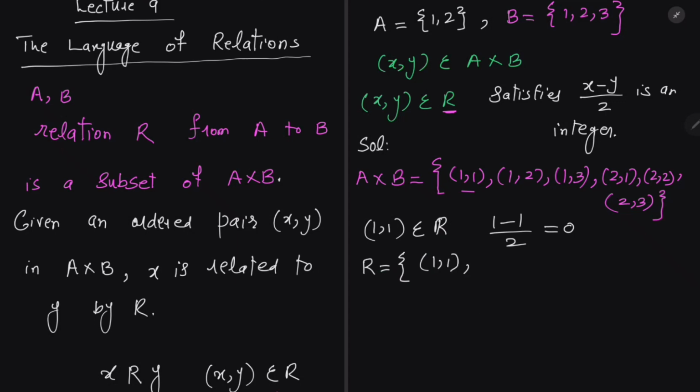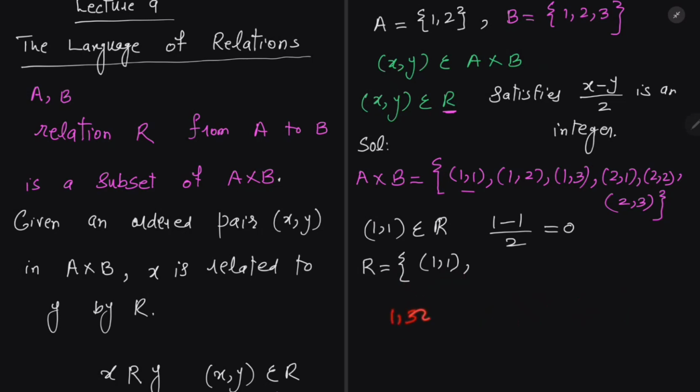Now I want to check whether 1 2 belongs to R. 1 minus 2 divided by 2 is minus 1 by 2, which is not an integer, so it does not belong to relation R. We cannot write this in the relation set.